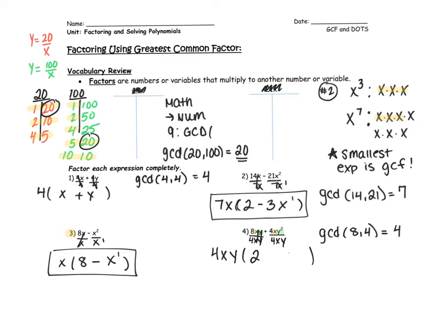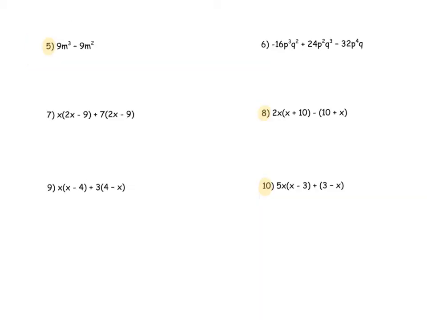And then in the second part, the 4's cancel and the x's cancel, and we're left with y squared divided by y, so we keep the base, which is y, and subtract the powers. Again, final answer.